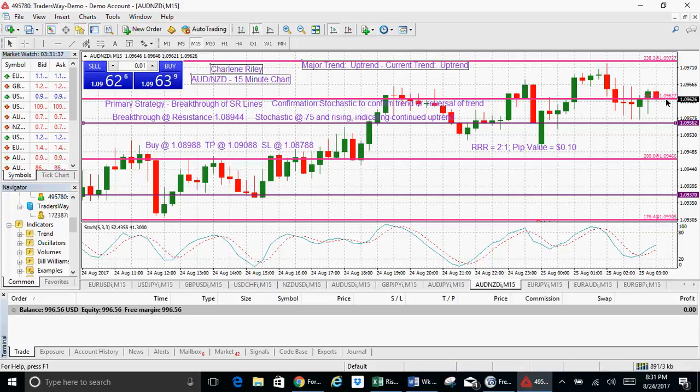So we are above the 109.627 line, and we have the stochastic above 50.